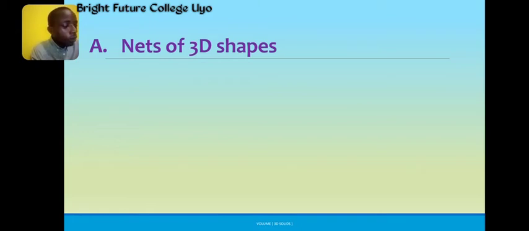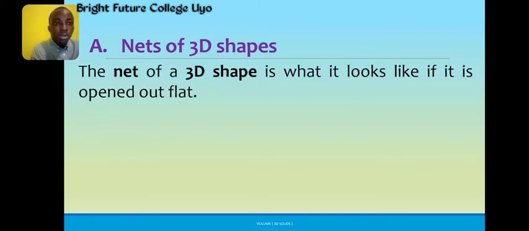Now, net has to do with how these shapes look if they are opened out flat, if they are drawn on plane surfaces. For instance, you have seen a box, let's say a box of Indomie before. A box of Indomie is a cuboid.